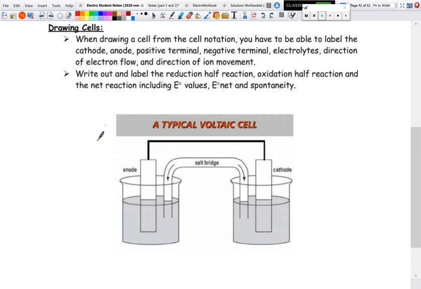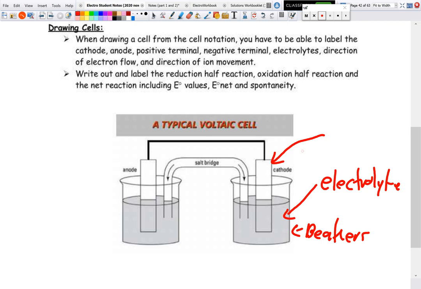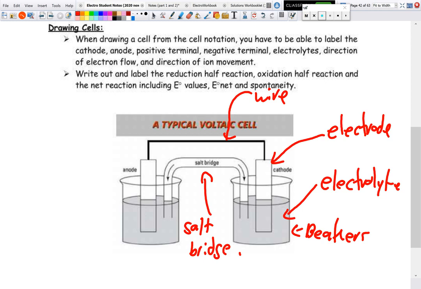this is how it generally looks. A typical voltaic cell will look like this, where we have two beakers. We have our electrolyte, we have our electrode, we have our wire, salt bridge, and so on.